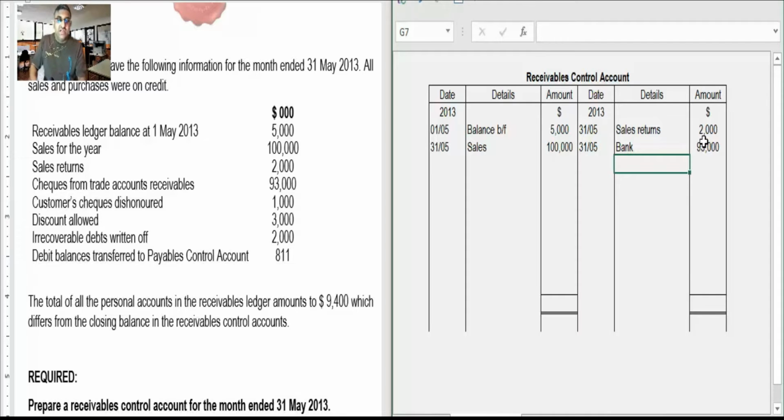Then we have customers' checks dishonored of $1,000, so we debit the receivables control account by $1,000 dated the 31st of May, and these are dishonored checks. After that, we have a discount allowed of $3,000. We just credit the control account by $3,000 dated the 31st of May, and these are discounts allowed.